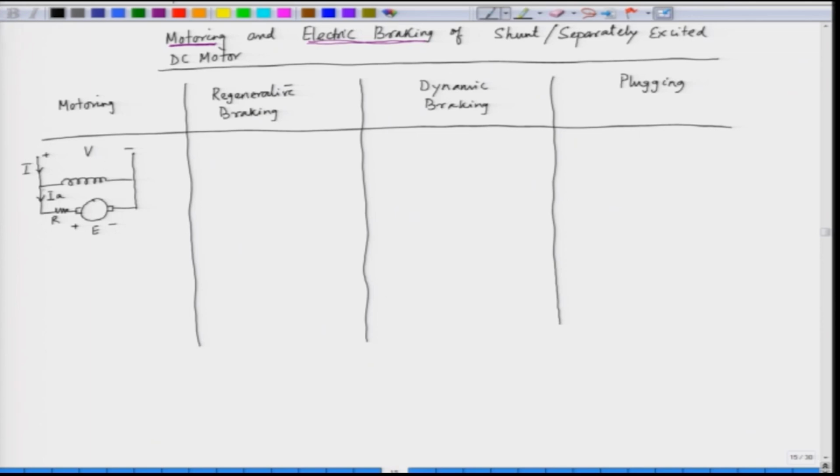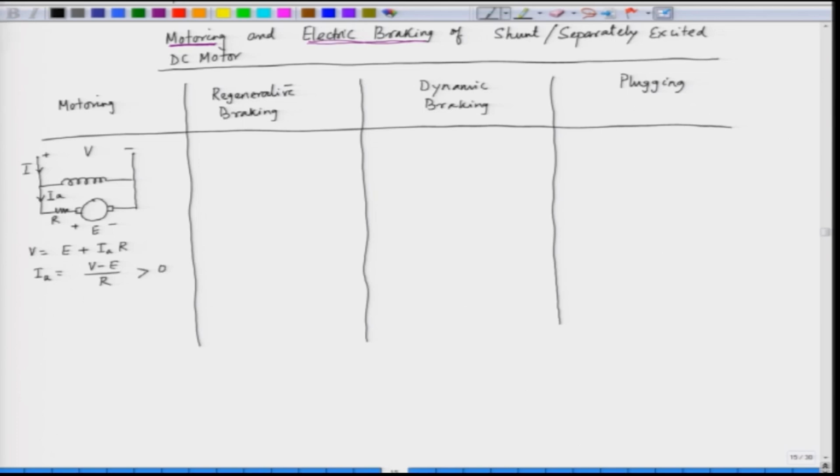So, we write down the equation in the armature circuit: V is equal to E, the back EMF, plus I A into R. From this we get I A is equal to V minus E by R, which is positive.